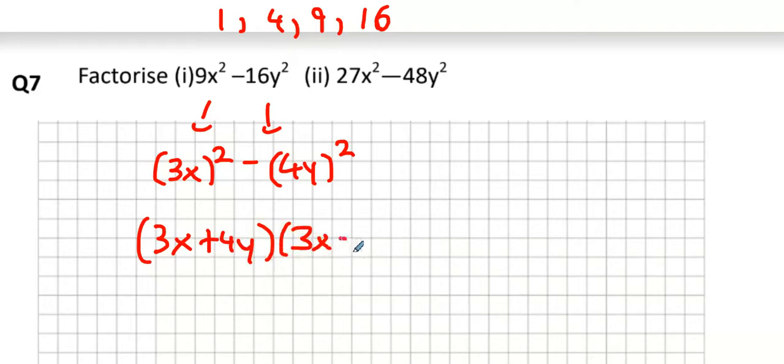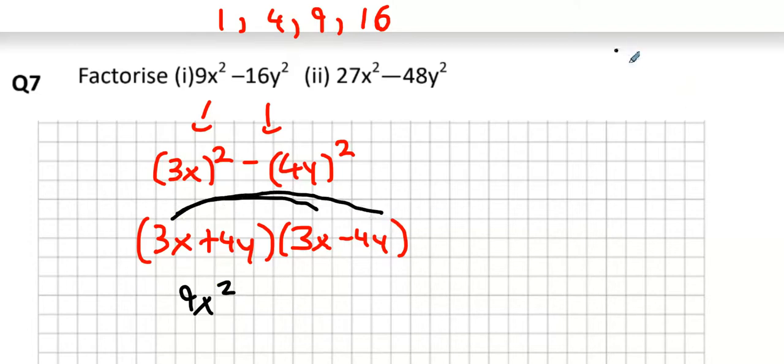Now, lads, I'd urge you to do this because some of you aren't thinking about these. Let's multiply it back out again. James, what's 3x times 3x when you multiply it? What's 3x times 4y when you multiply it out? It is 12xy. And what's 4y by 3x? 12xy again, yeah.